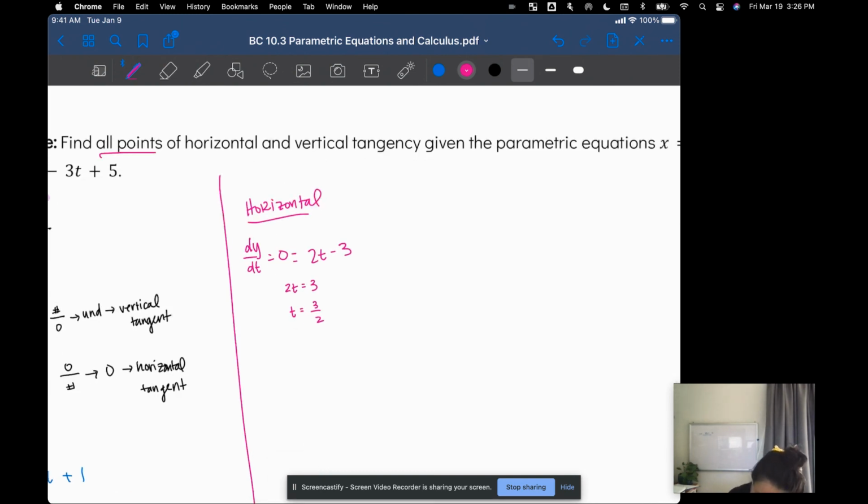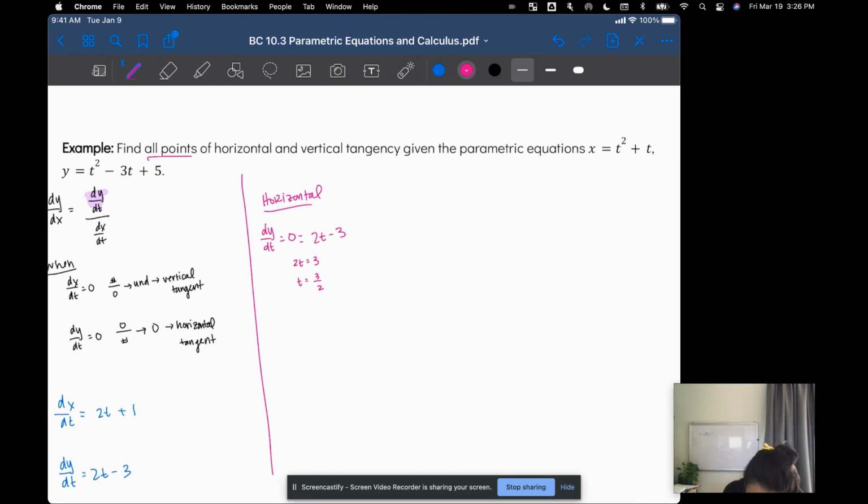So I know when the time is equal to 3 halves, we have a horizontal tangent, but I need to figure out the location. So x comma y. So I'm going to substitute t of 3 halves into x and y. Okay, so I get 3 halves squared plus 3 halves is equal to 15 over 4.